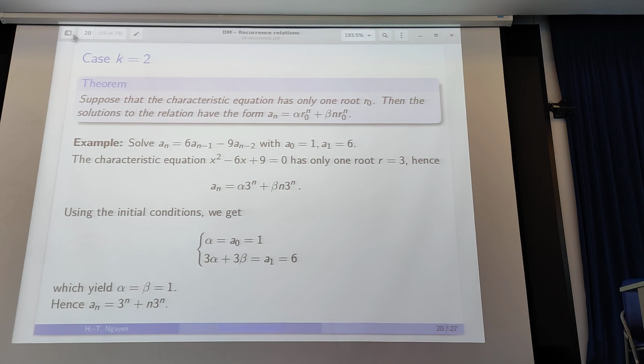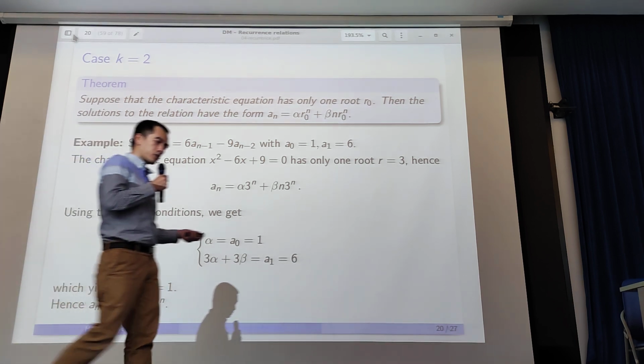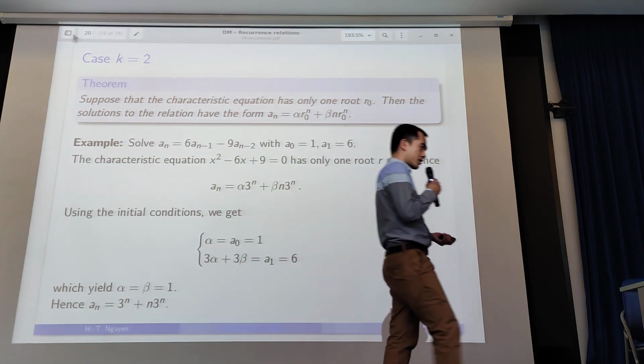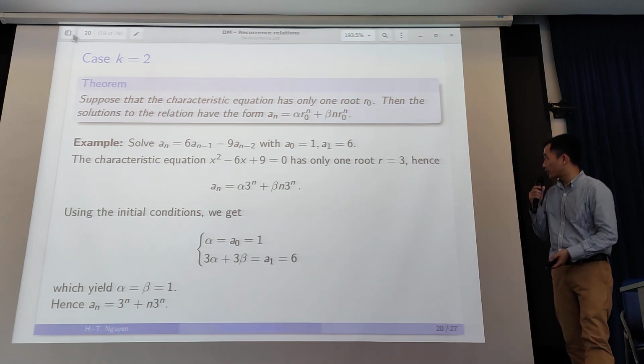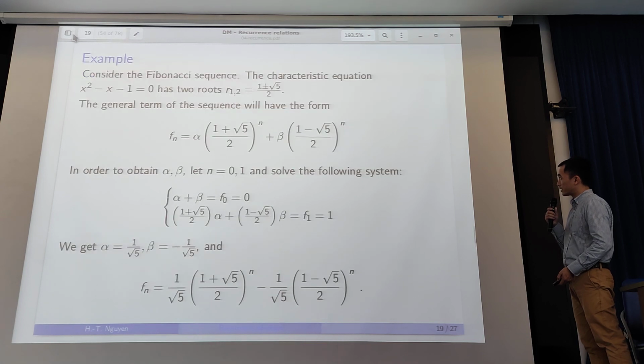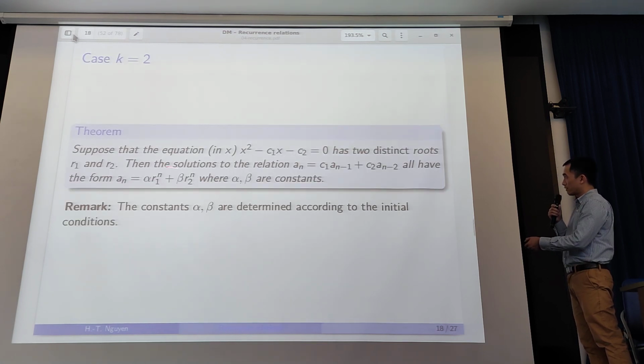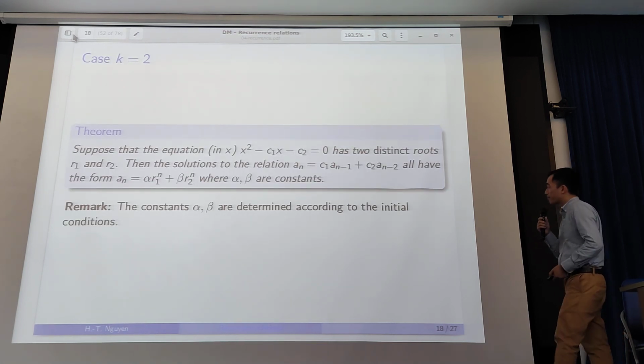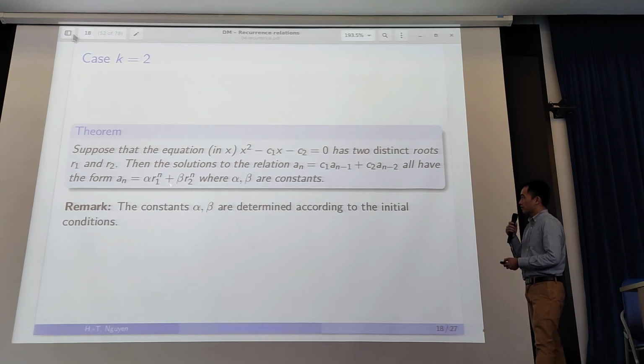So, for the case of degree 2, everything is easy. Okay? You only have to remember to distinguish two different cases, whether the roots are different or not. And if the roots are different, then you know that you have this nice form.